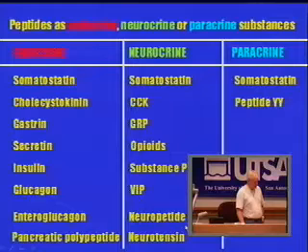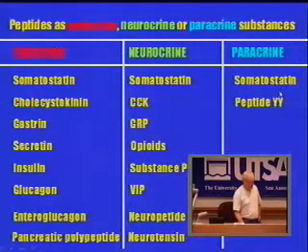Neuropeptide Y we saw under the pancreatic list, also within neurons, and neurotensin. And then those acting in a paracrine fashion, where it's established, the somatostatin and the peptide YY.